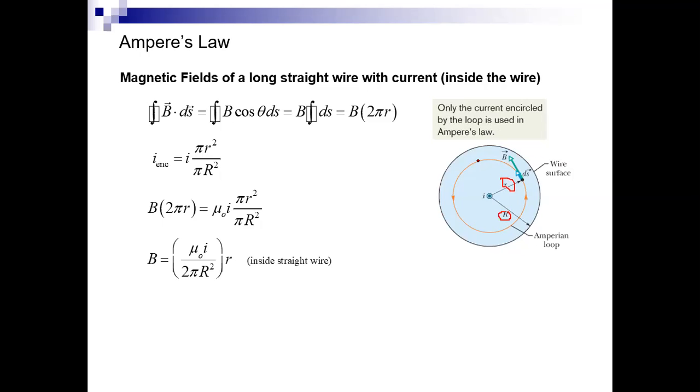As the radius of this loop increases, the amount of current enclosed by this loop will increase, so ultimately the magnetic field will also increase.